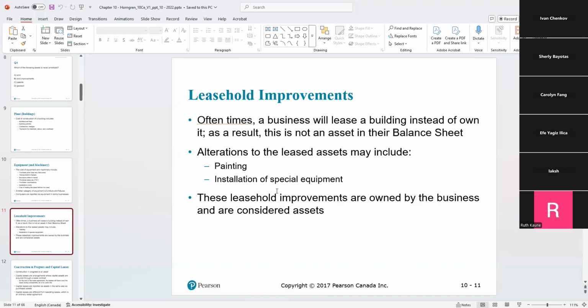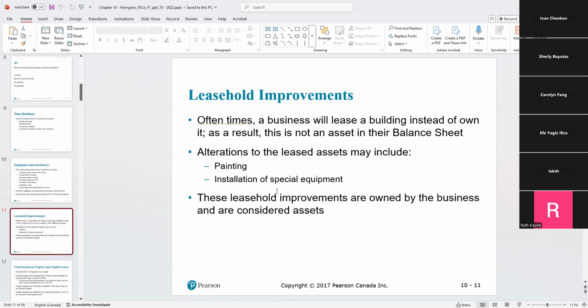Is the rent lease or is the lease rent? What do you think? Any suggestions? No, it's not. And you're correct. Rent is short term, lease is long term.